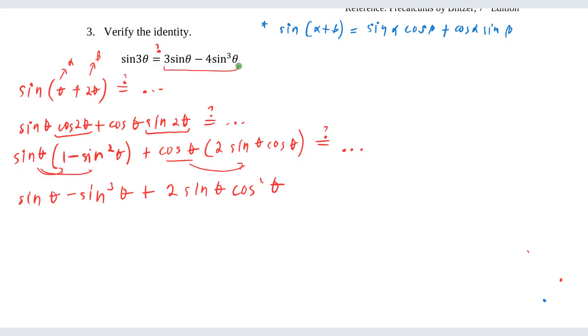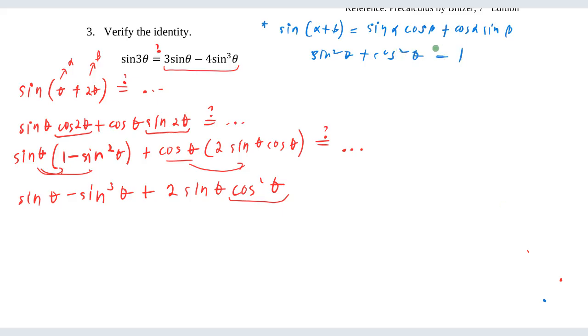Since my goal here is just to have a sine function, this first term is good, the second term is good, but the third term is not good because it has a different trig function, which is the cosine theta. So I'm going to work on the cosine squared theta. Going back to the Pythagorean identity, sine squared theta plus cosine squared theta is equal to 1.